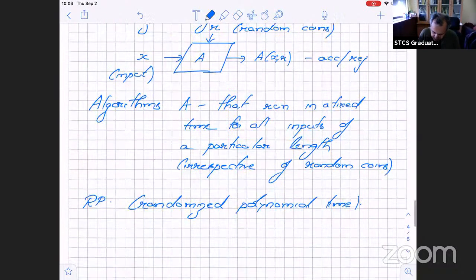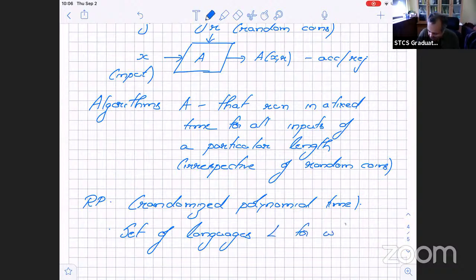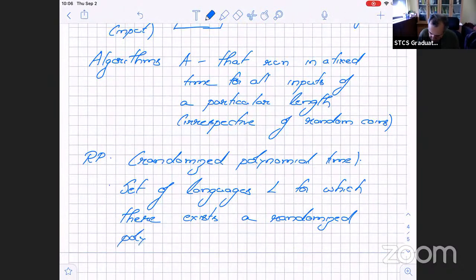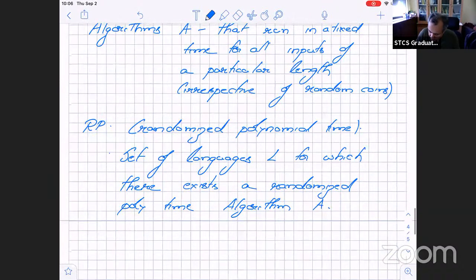So RP is the set of languages L for which there exists a randomized polytime algorithm A satisfying the following properties.